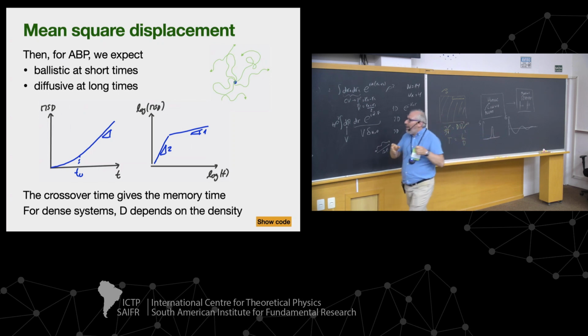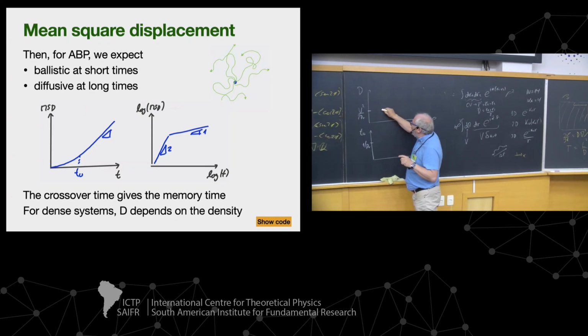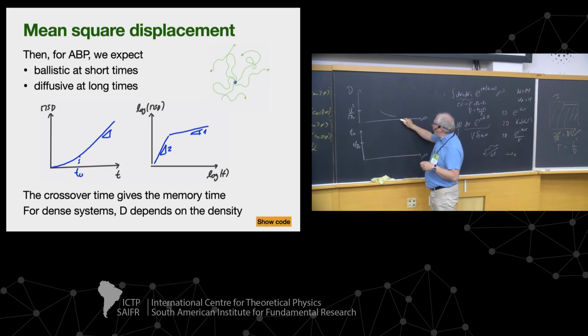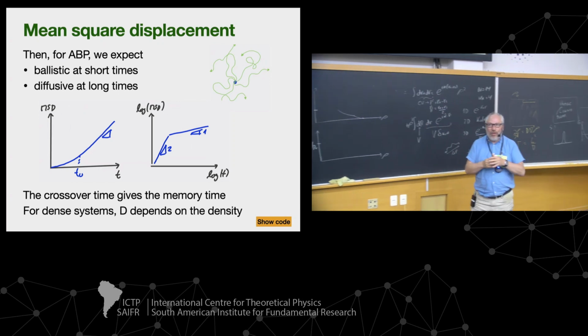So actually, the diffusion coefficient, at the end, is going to decrease. I say eventually it's going to reach 0, because particles are going to be jammed and they don't move anymore. Although they want to move, they don't move anymore.